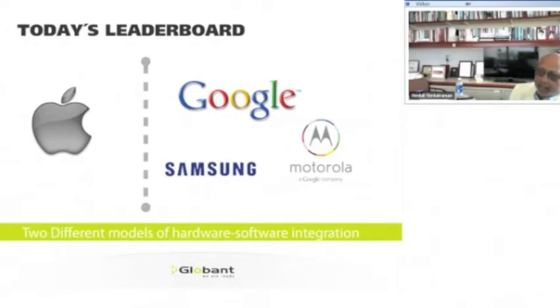Then it decided to buy Motorola, and obviously the Moto X is the first real product coming out of Motorola. That's part of Google. So Google competes against Samsung with its Motorola division, and Google cooperates with Samsung because Samsung is the largest developer, in the sense of hardware, for Google Android.